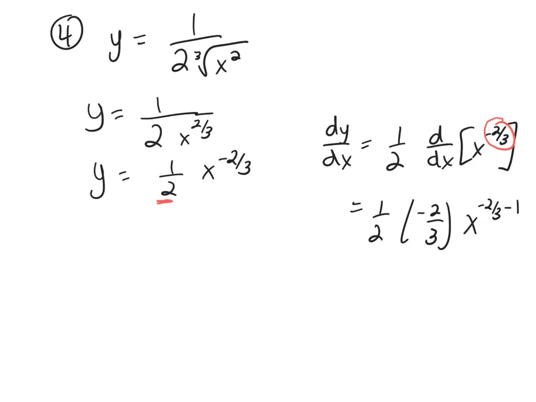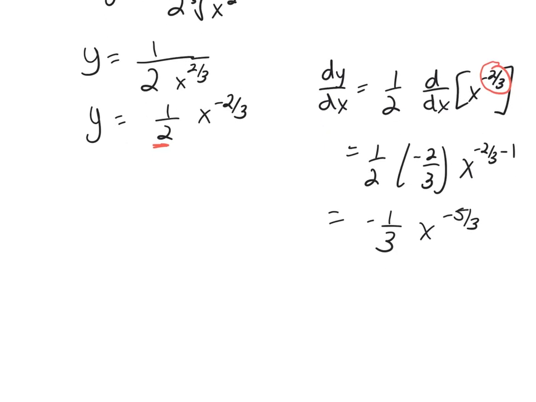So if you multiply, you'd get a negative 1/3 x to the negative 5/3. And you can leave it like that, or you can move it to the denominator where it has a positive power, x to the 5/3 there. And there's my derivative, so that's dy dx. So if you have a coefficient, you don't do anything to that coefficient. They just kind of go along for the ride, and you leave them alone.